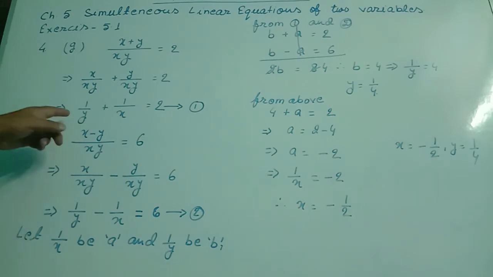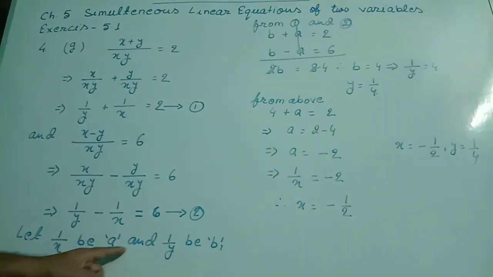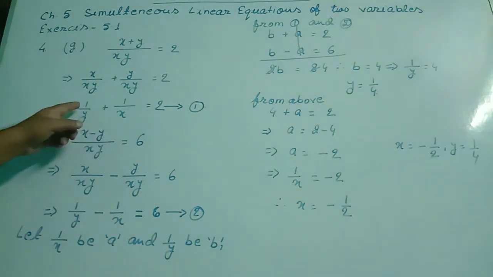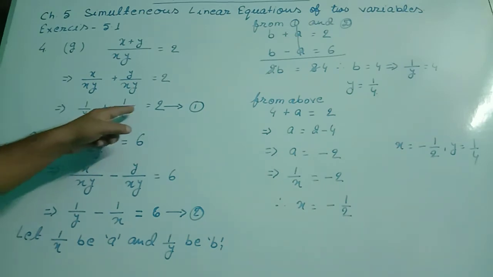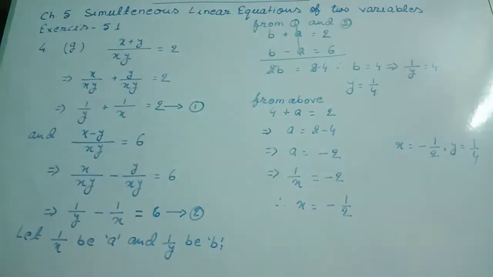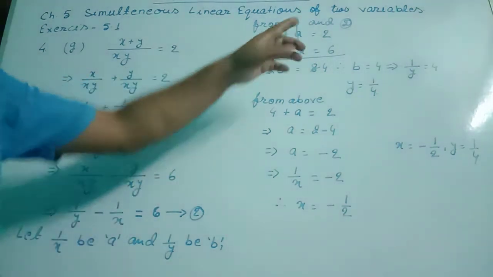These variables are in the fractional form. So to make it linear, I have considered 1 by x to be a and 1 by y to be b. Then these two equations will be b plus a equal to 2, and this equation will be b minus a equal to 6.